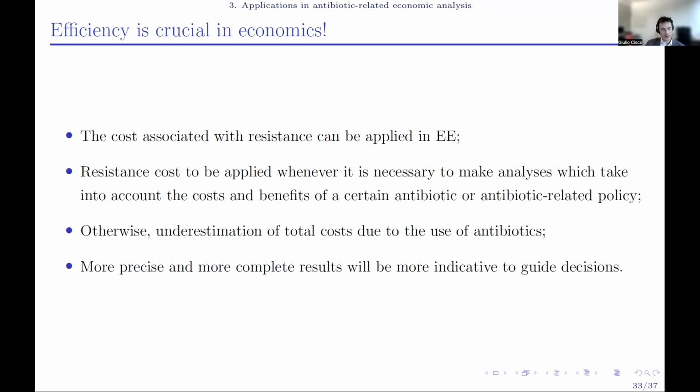It can be, as I said, a very broad policy about prescription rate in general, but also a clinical trial in which you want to know the possible cost. So you can apply this number. Otherwise, if you don't consider the cost of resistance, you have only the treatment cost. But as I said, at the beginning, you have all the treatment costs. The cost of resistance is something that you have in the future.